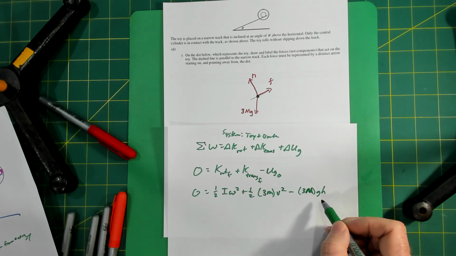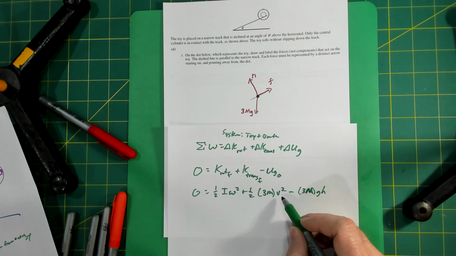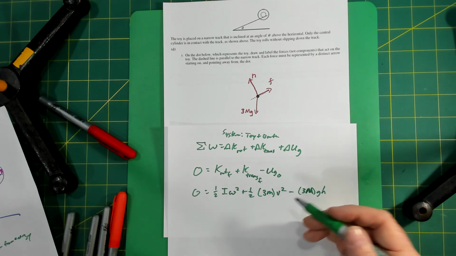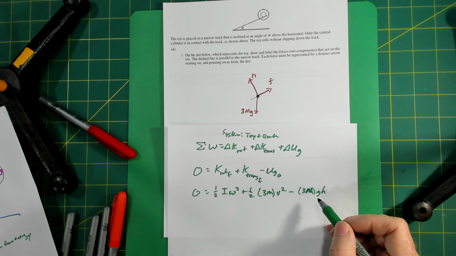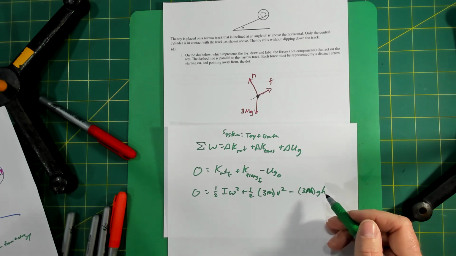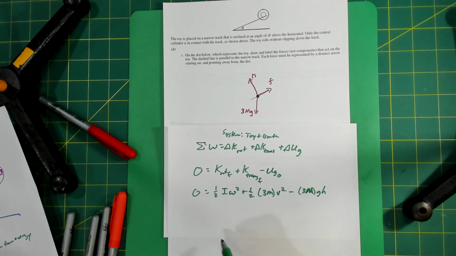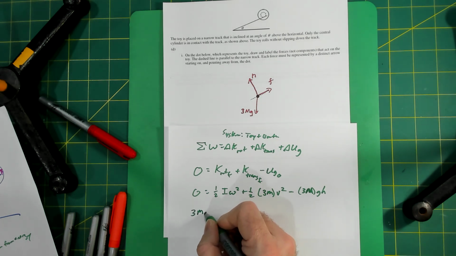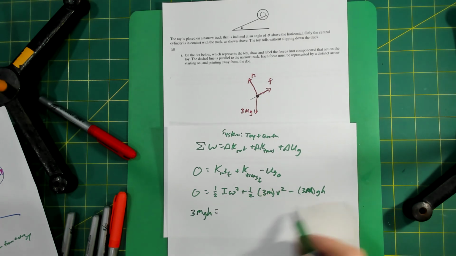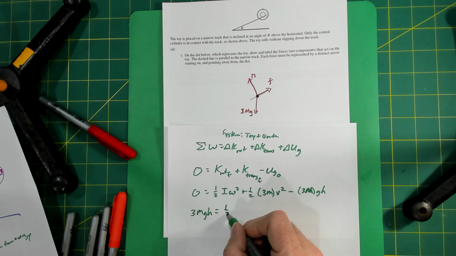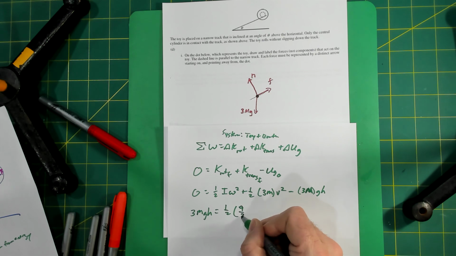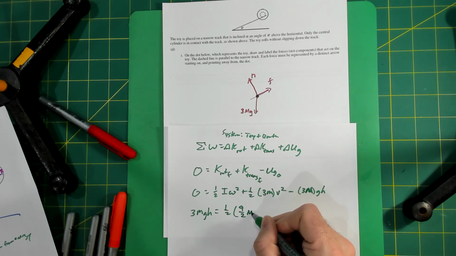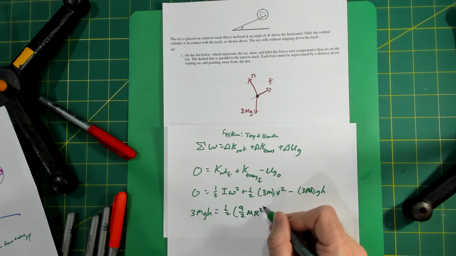From this, I'm going to get an equation for, and you can do it either way, the v or the h. What do you want to get an equation for, v or h? H would be easier. Let's move that mgh over. So I'm going to have 3mgh. Now where it says I, I'm going to put in the I for this thing rotating around its middle, which is 9/2 mr squared.